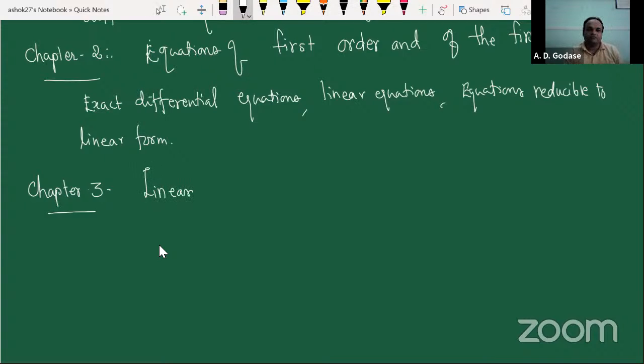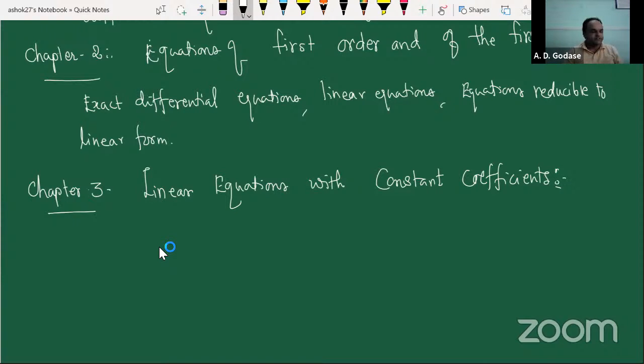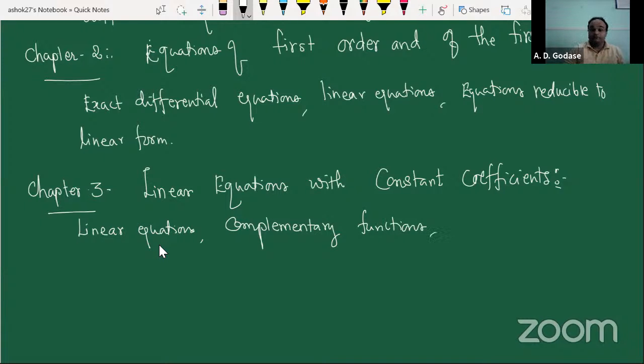In the third chapter we'll study linear equations, then complementary functions, particular integral, then complete integral.